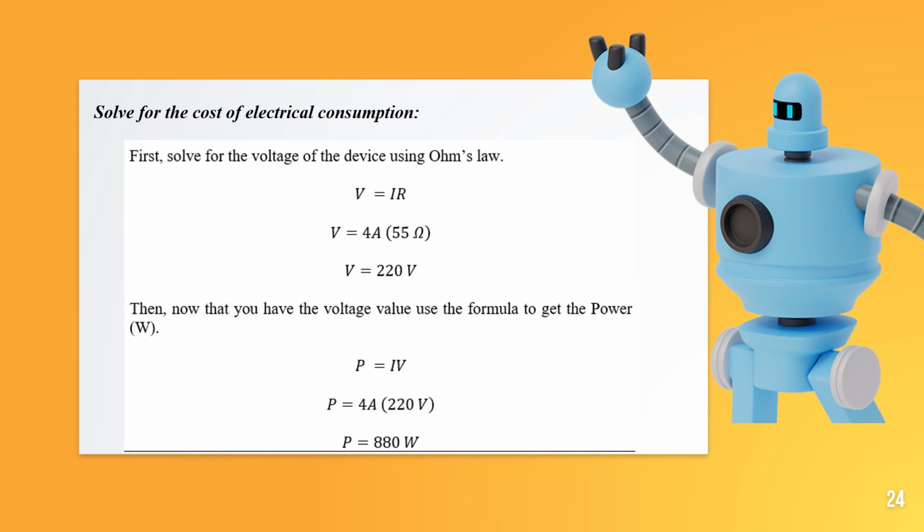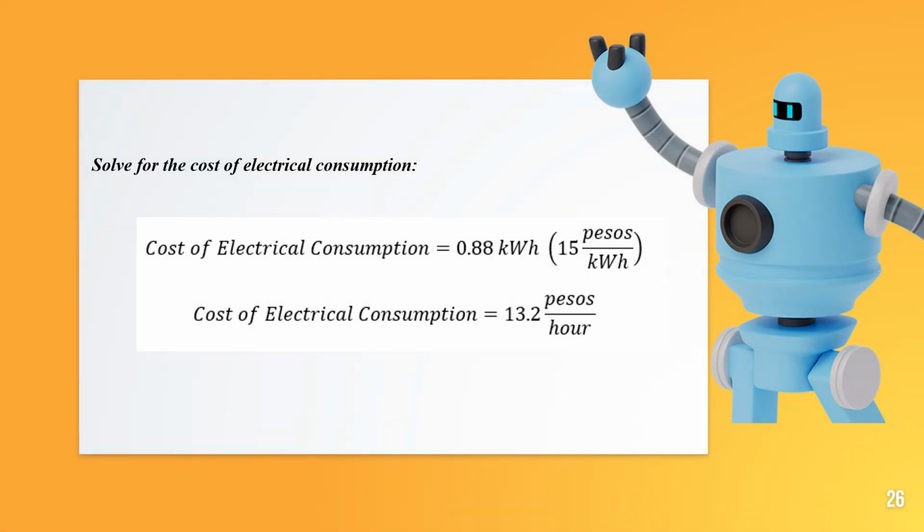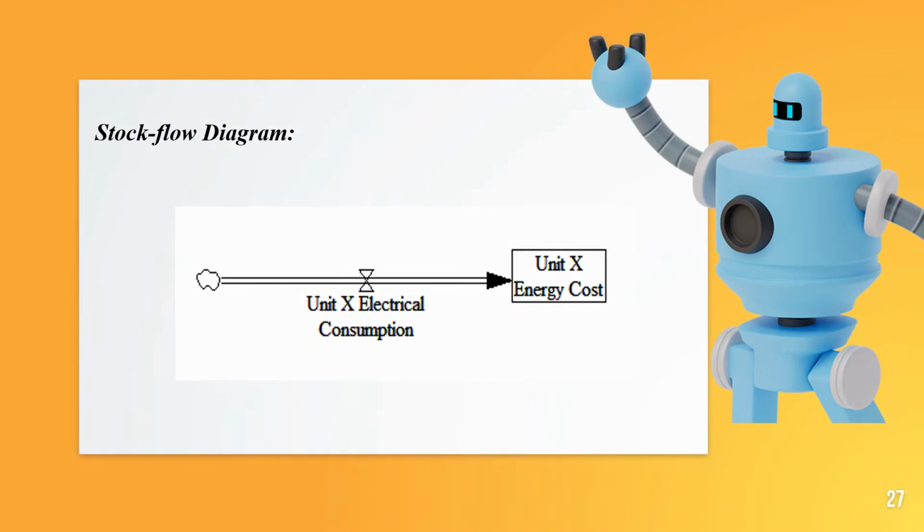First, they need to solve for the power, which is equivalent to 880 watts. They need to convert this to kilowatt hour, so it will be 0.88 kilowatt hour. And then solve for the electrical consumption, which will be equal to 13.2 pesos per hour.